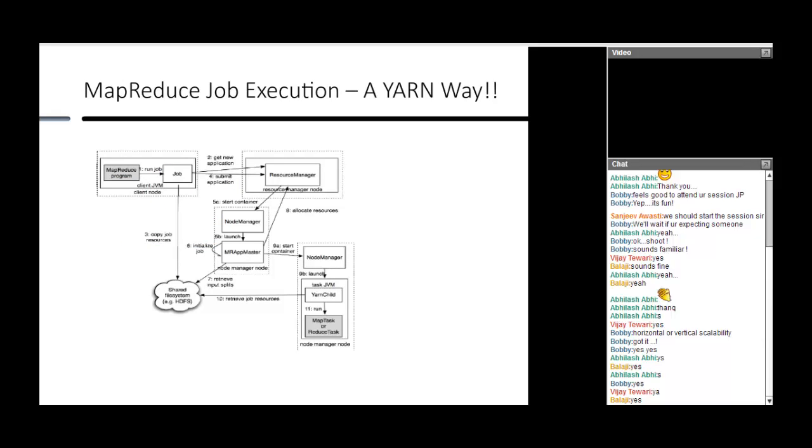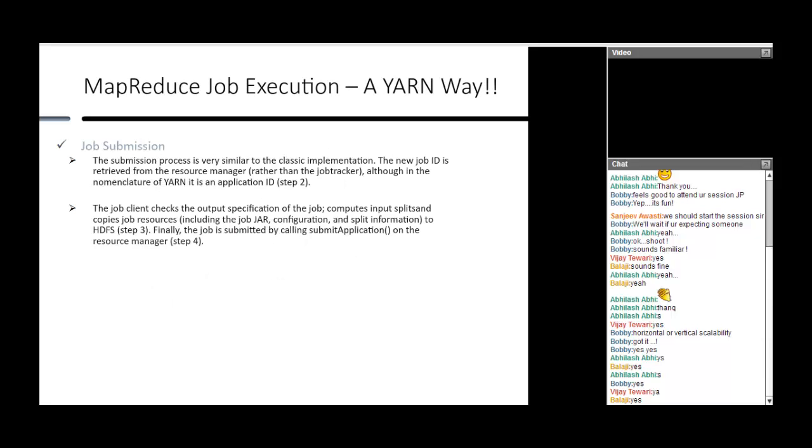Now this diagram is the architecture of YARN, and it will tell you how a MapReduce program, or any distributed program, gets executed in a YARN framework.